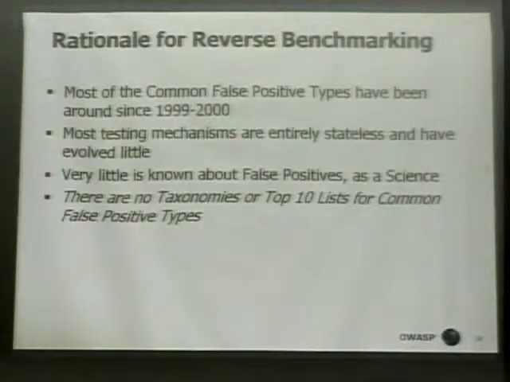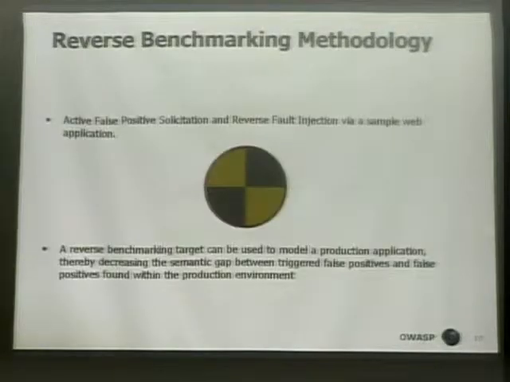There are top 10 lists for types of vulnerabilities, but there's no real research that's been done. That was one of the reasons we started doing this. There's not a lot of talk about false positives and false positive types, because ultimately, what's the alternative to signature-based technology for security? I don't see any real technology on the horizon that's going to make signatures obsolete.